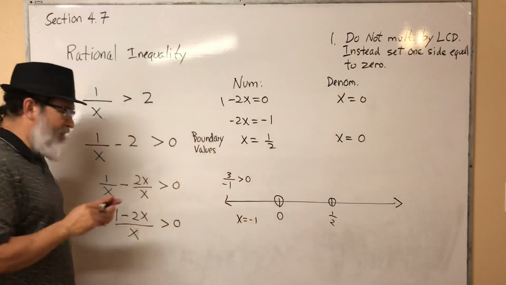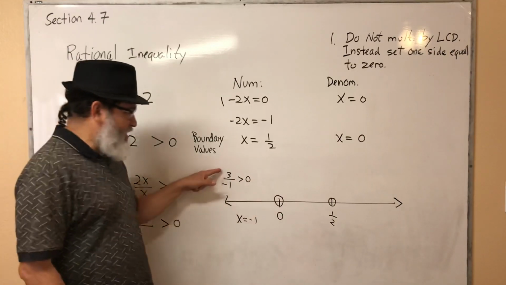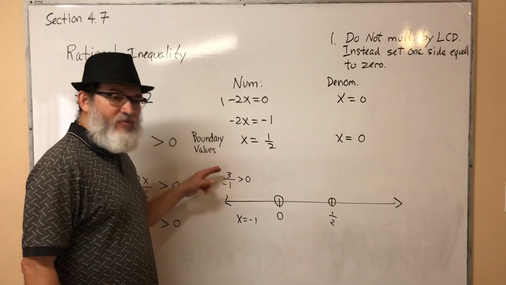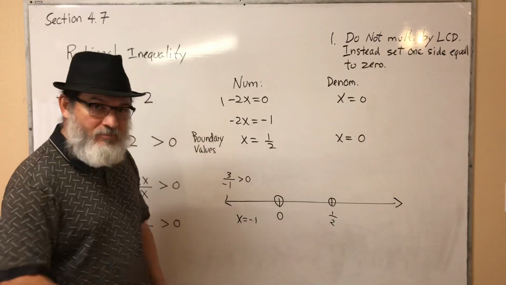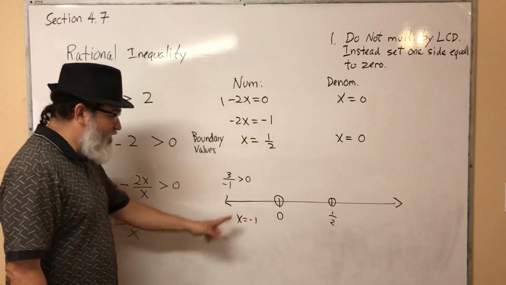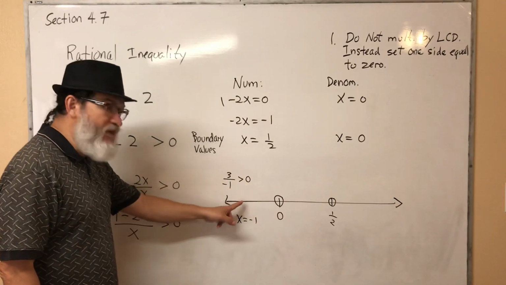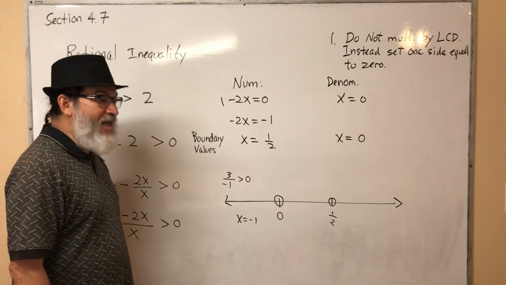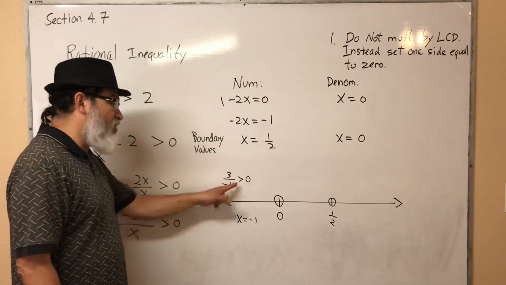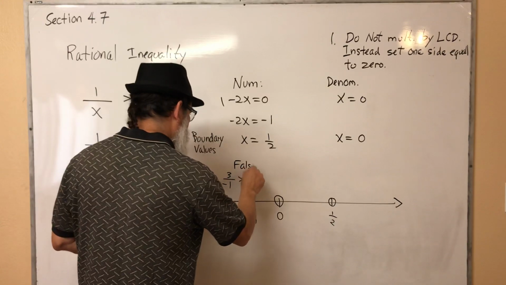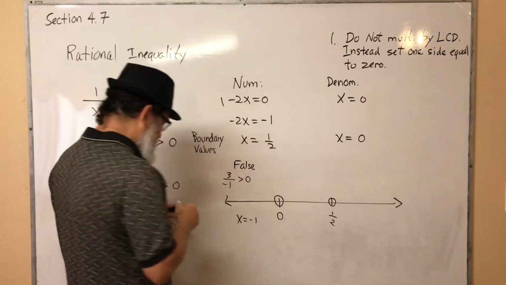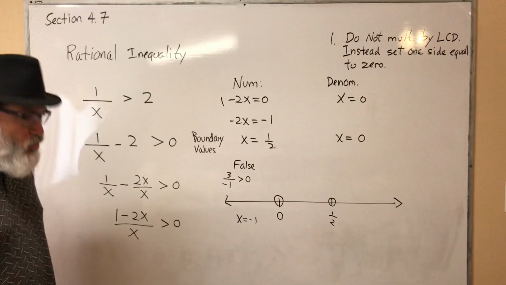Is that a true statement? 3 divided by negative 1 is negative 3. Is negative 3 greater than 0? The answer is no. So therefore, this region is not a solution because you got a false statement. This is false. So you don't shade this because it's not a solution.